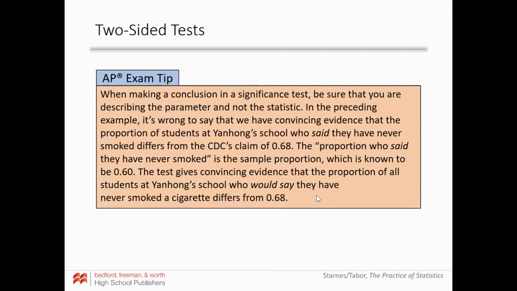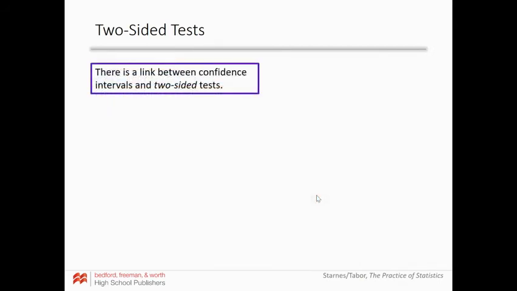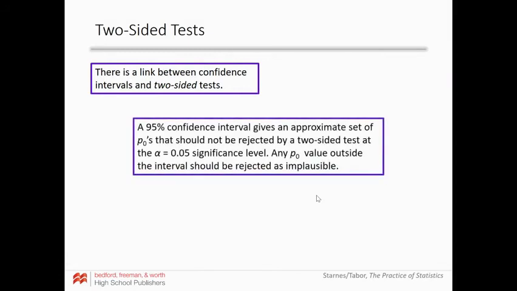Another tip: when you're writing the conclude statement, you're talking about the parameter, not the statistic. And that's right up the same alley as those confidence intervals that we talked about. There's a link between a confidence interval and, more so, the two-sided test.